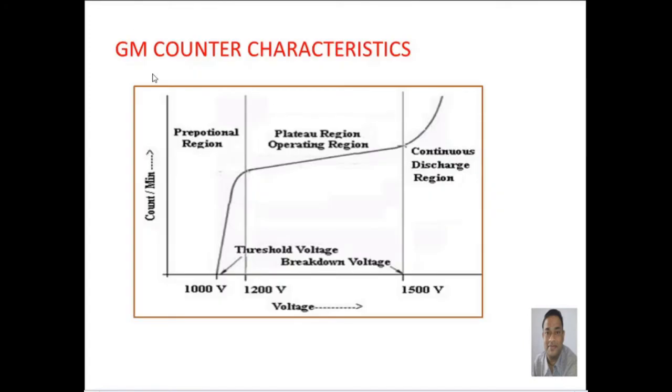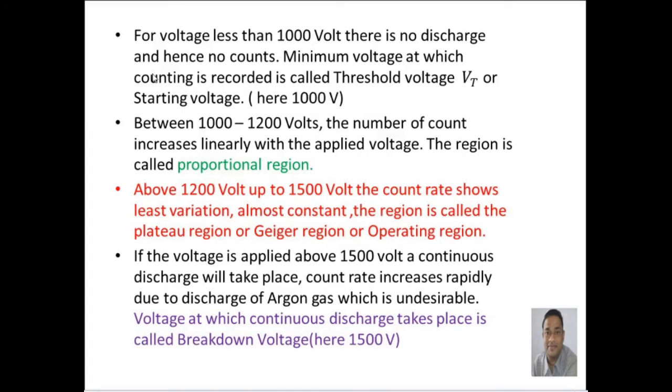Now in this particular figure, we see that up to 1000 volts, the count has not begun. Up to 1000 volts, there is no count. Why is there no count? Because there is no ionization. Up to 1000 volts, there is no discharge, and hence the count recorded is 0.